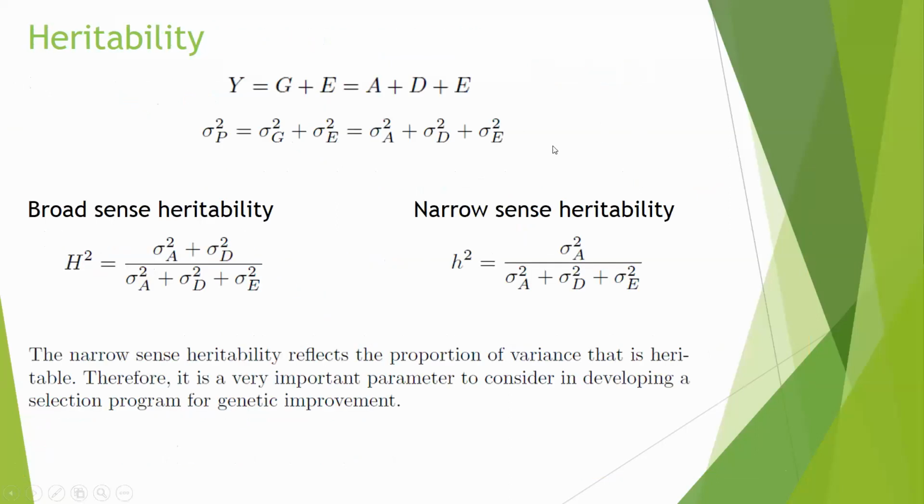Okay. And we also defined the heritability, right? So in the future, when you are involved in any breeding project, either animal breeding or plant breeding, sometimes you're going to do cultivar or animal selection based on some observable traits.